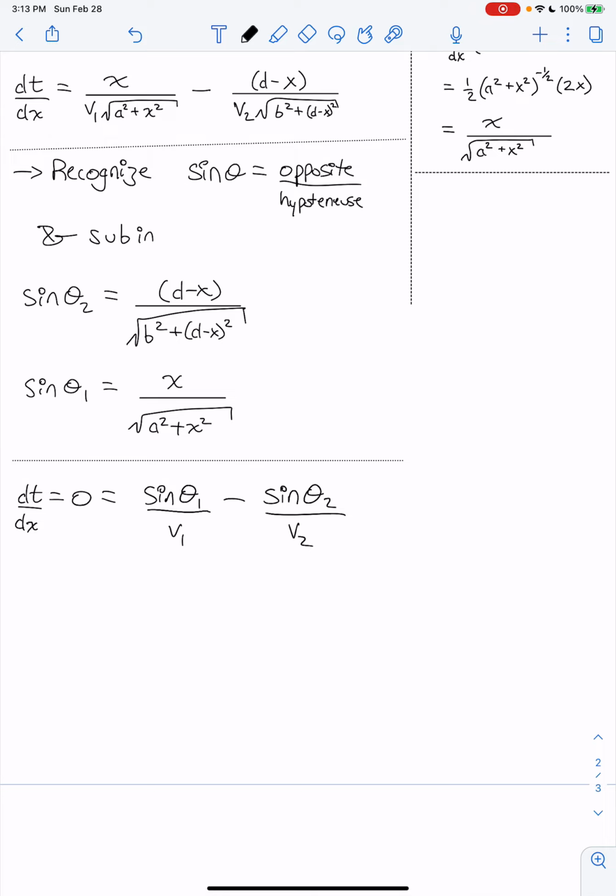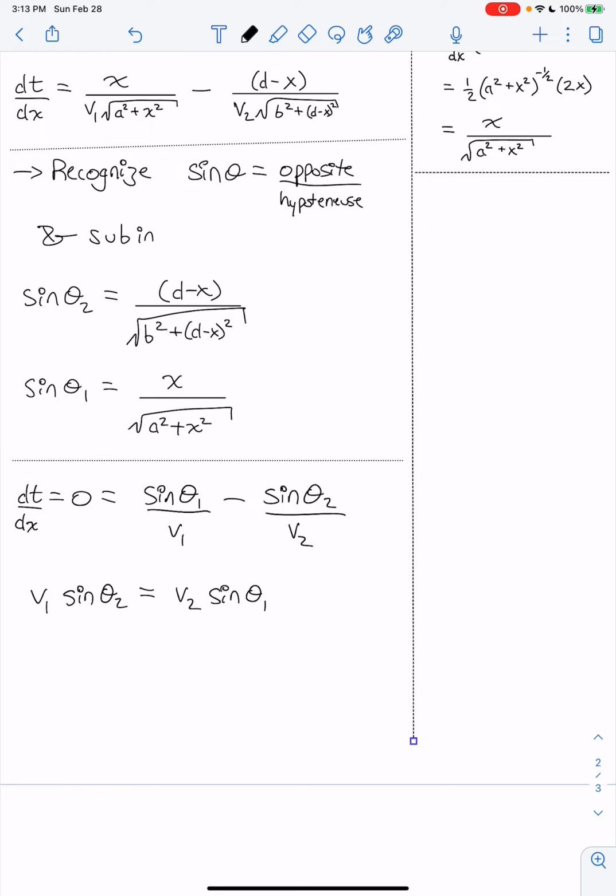And then we can bring the sine theta 2 over v2 over to the other side. And we end up with an expression where we have v1 sine theta 2 is equal to v2 sine theta 1. Great.